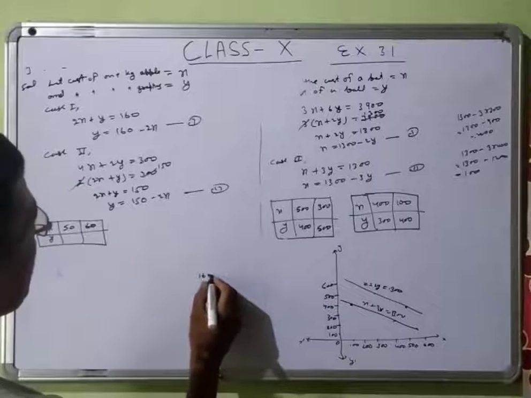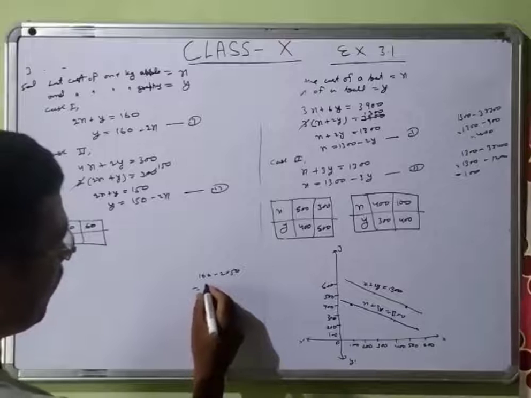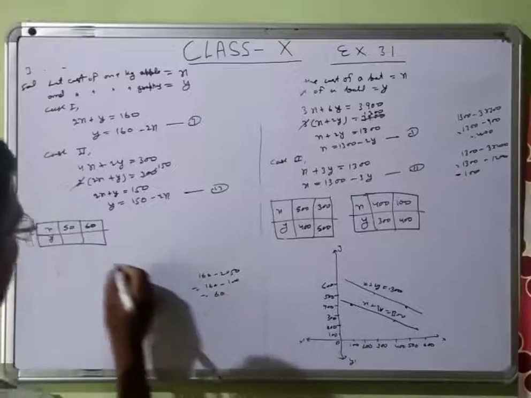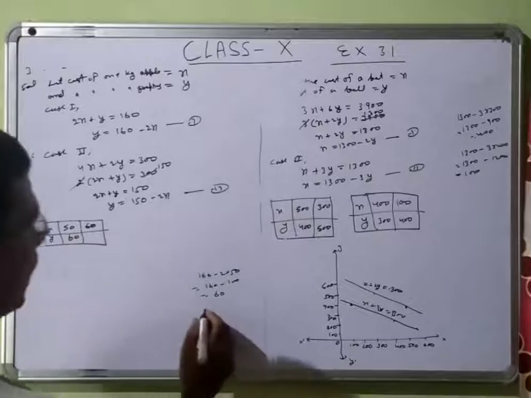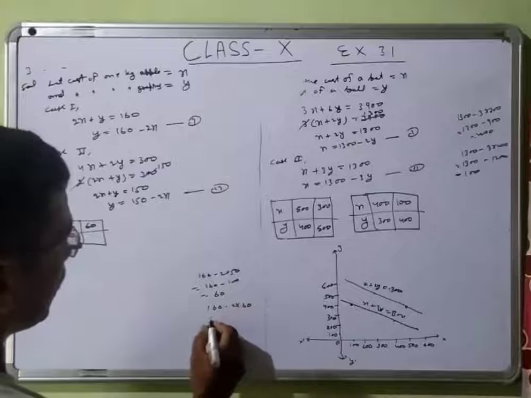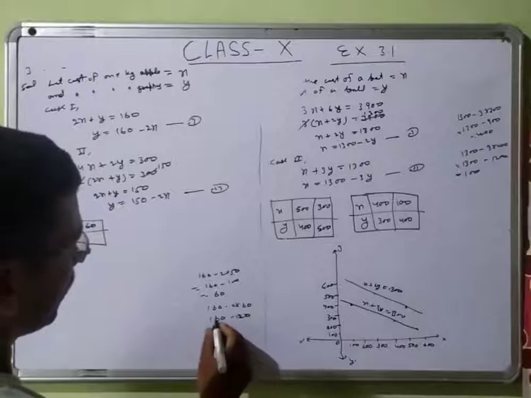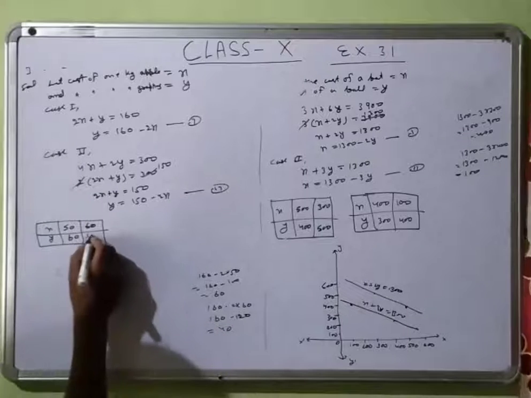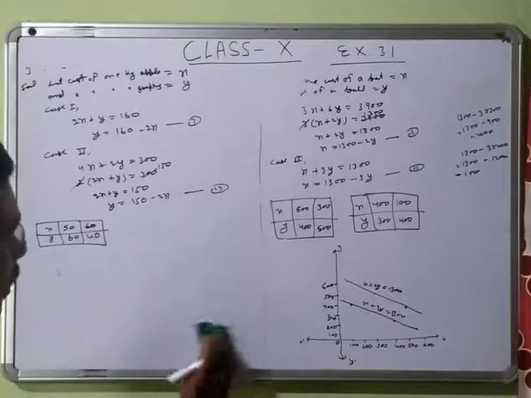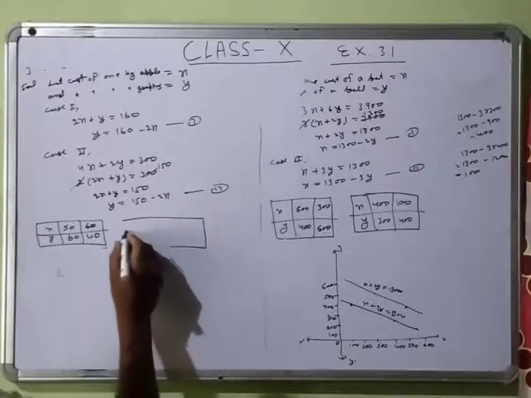So 160 minus 2 into 50, that will be 160 minus 100, that is 60. Next 160 minus 2 into 60, that is 160 minus 120, that is 40.